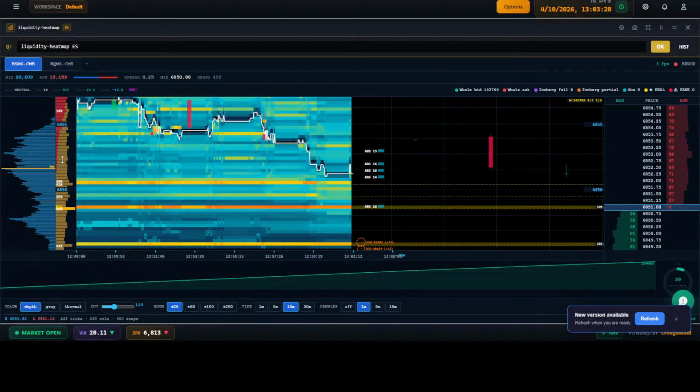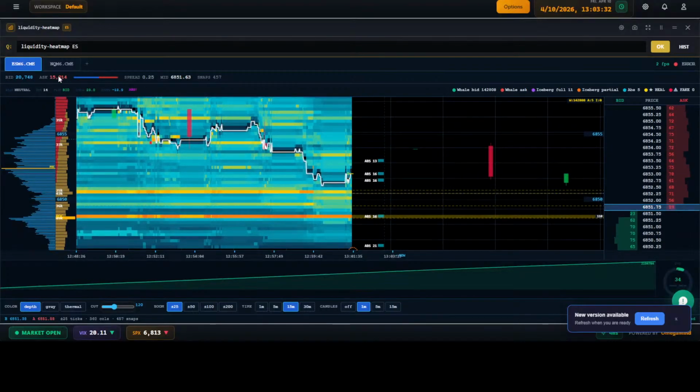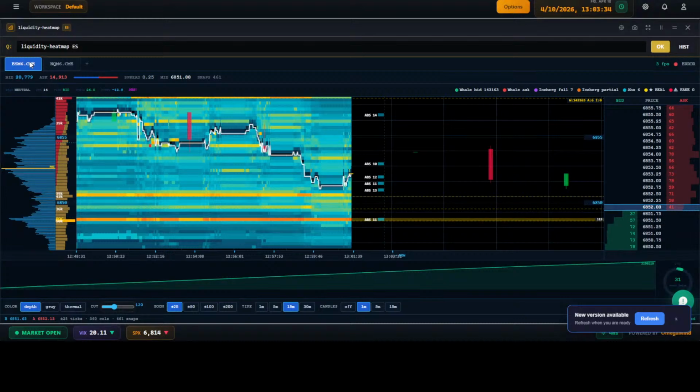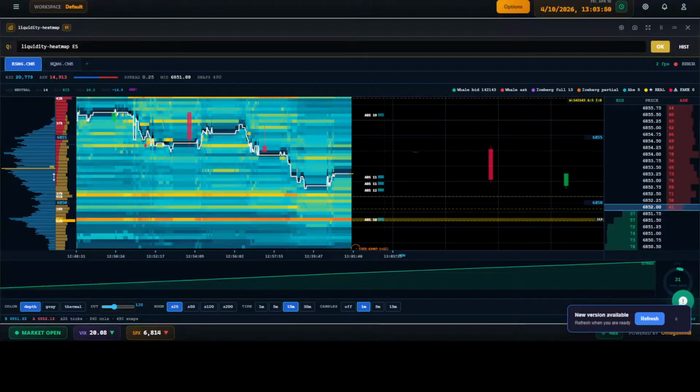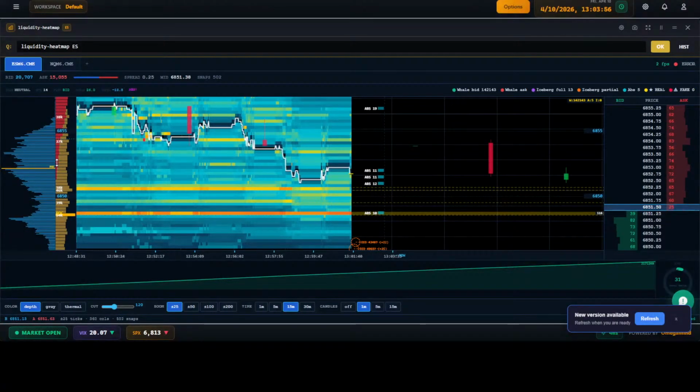The move is still to the outside because there are more buyers than sellers. Now watch this. You see this? This is where my mouth is. Take a look at this.